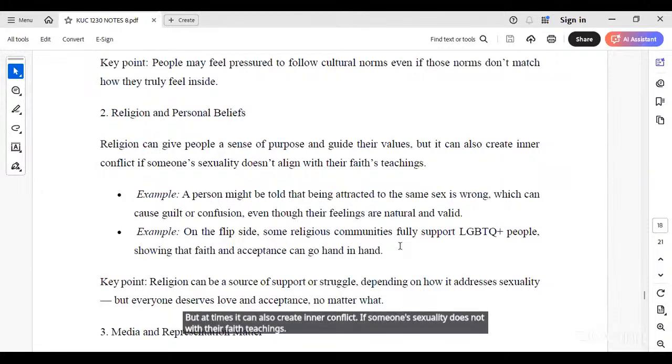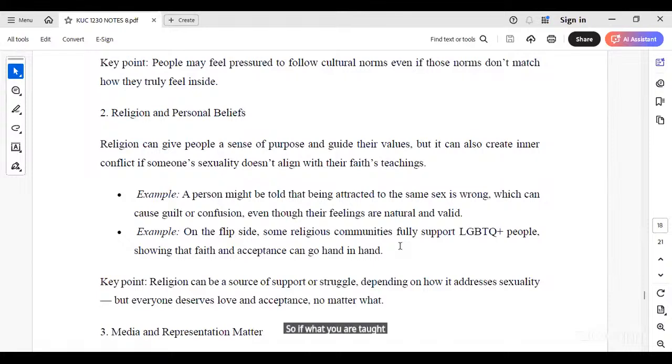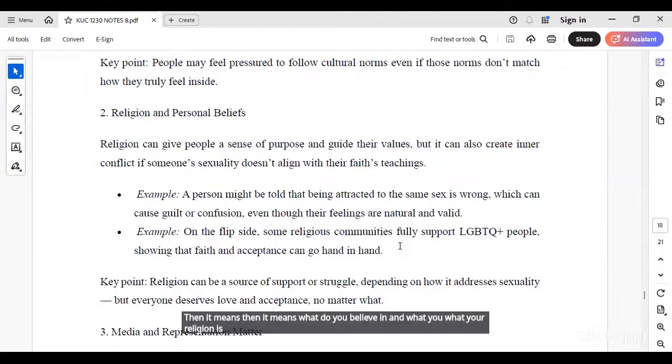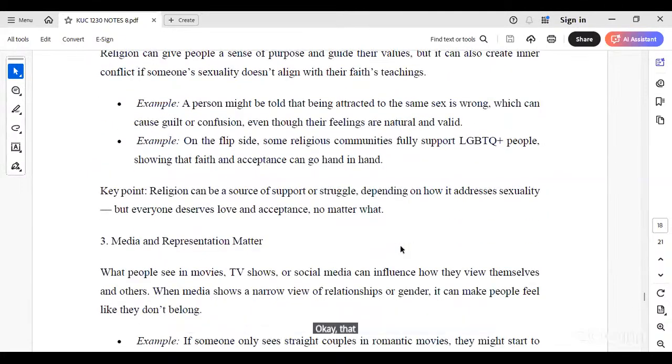So if what you are taught on the basis of your religion, if you are told kwamba Mungu aliumba Adam na Eve, yet where you are not heterosexual, then it means what you believe in and what your religion is teaching you are now at cross purpose. So that will be now a cause of struggle. Okay, that will be a cause of struggle.